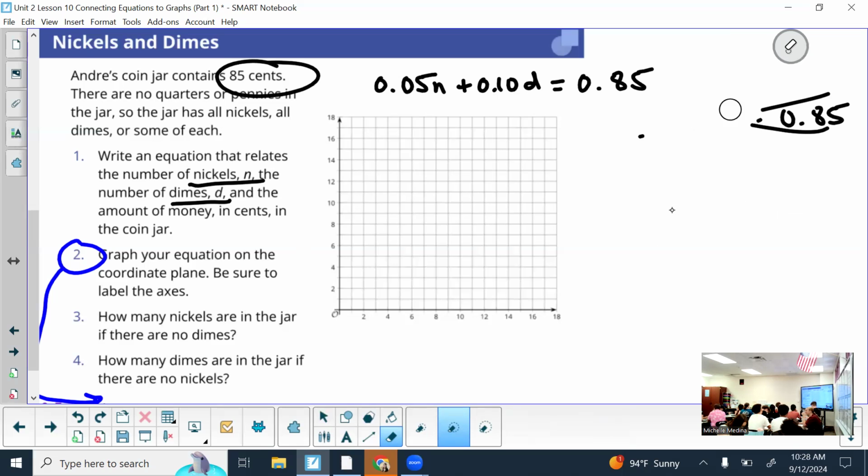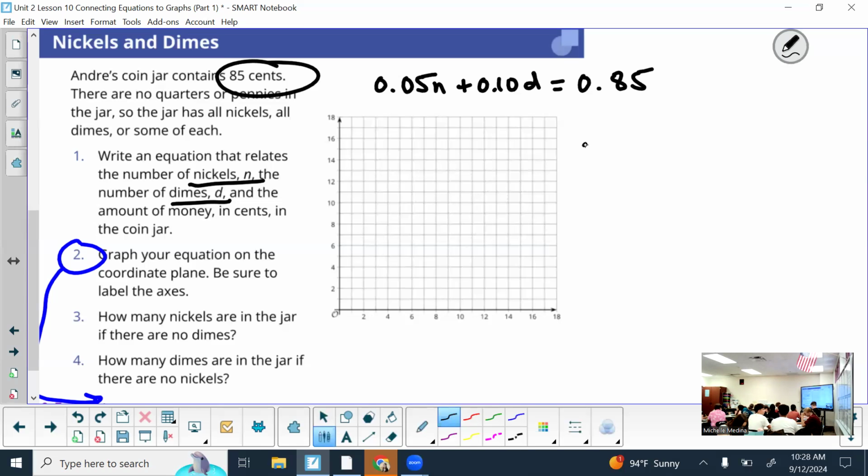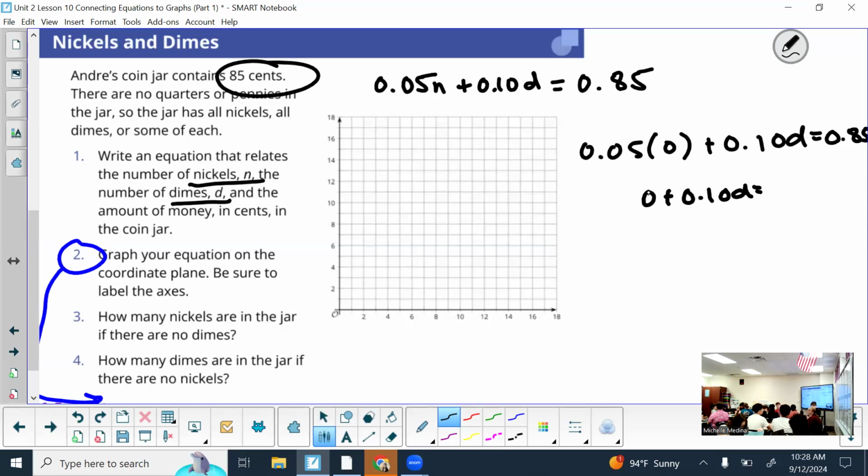The n. If there's no nickels, how many nickels do I have? So then if you plug it in, that lets you solve for how many dimes you have. So then it's 0 plus 0.10d equals 0.85.